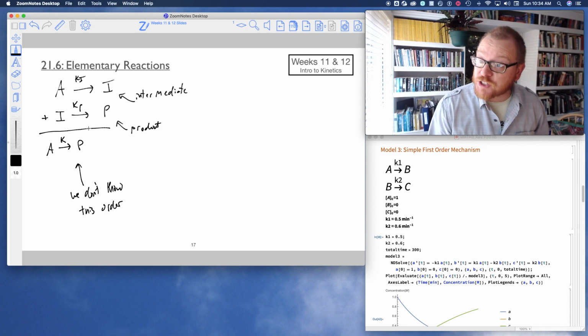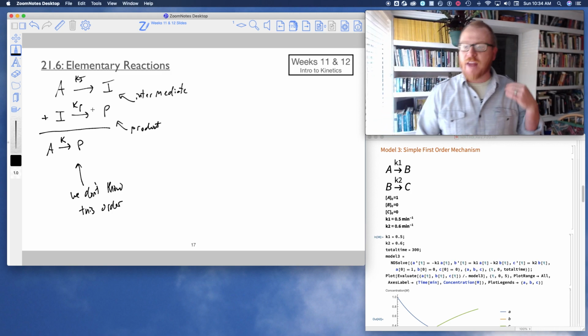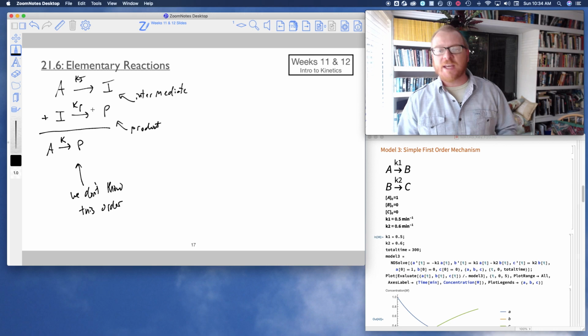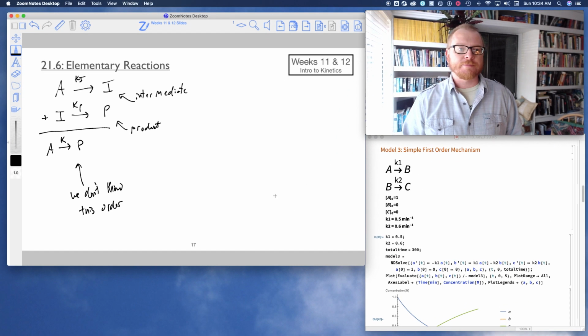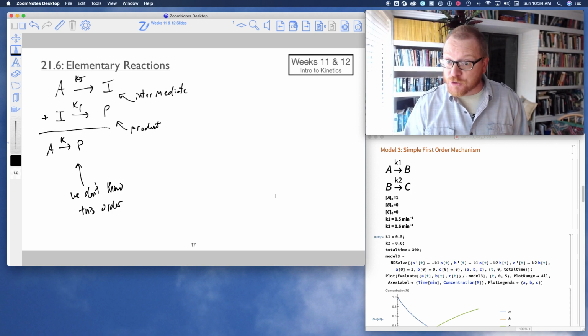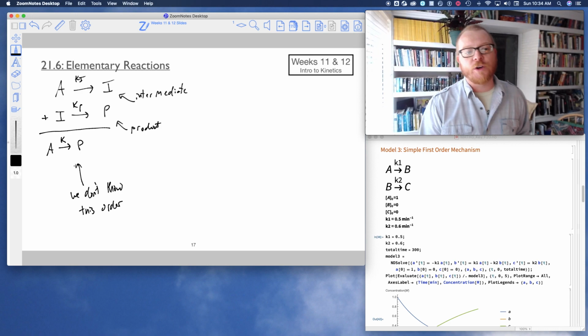But for the elementary steps, we do. And the elementary steps, the reaction orders will always be the stoichiometry. But that's only true on the elementary steps, okay? And here's why we don't know what this order is.